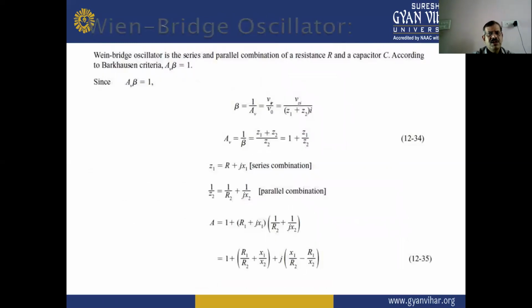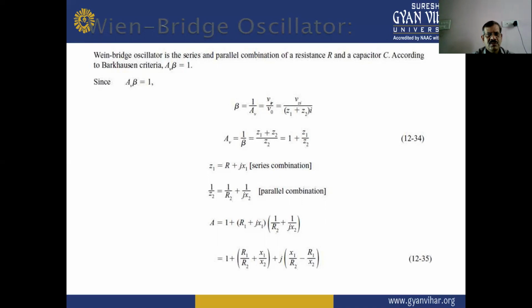The Wien bridge oscillator is a series and parallel combination of resistance R and capacitance C. According to the Barkhausen criterion, the product A B beta equals 1.